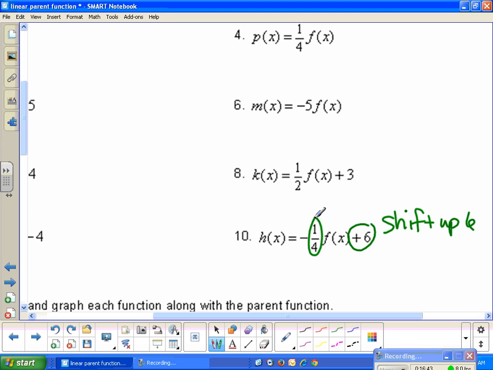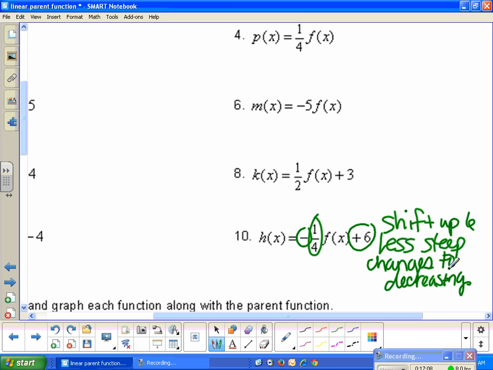Steep or less steep? Less steep. And what does the negative do? Okay, changes direction. You could say changes to decreasing, opposite direction. Okay, but that's what those do.